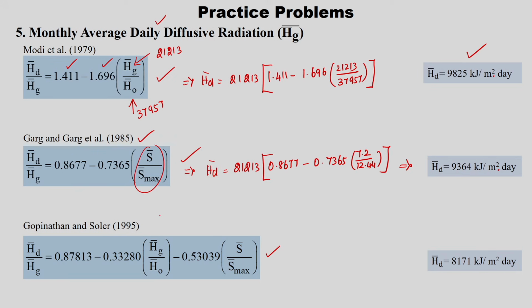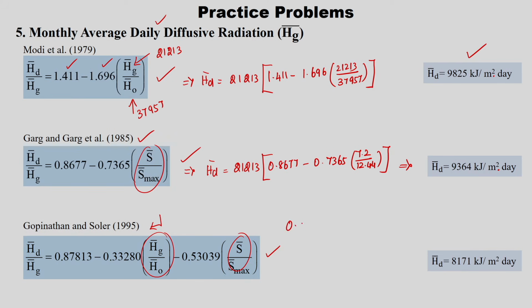And the third correlation was proposed by Gopinathan and Solar in 1995. It uses both Hg bar upon H naught bar as well as S bar upon S max bar.